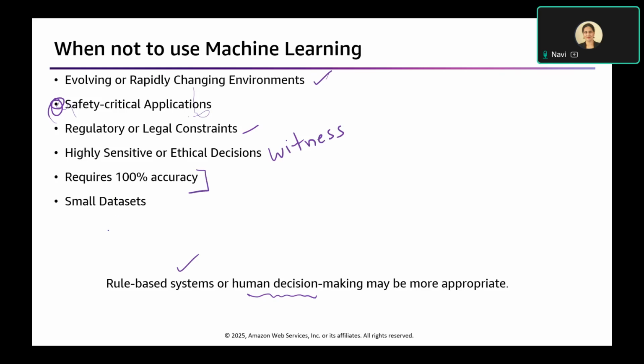For example, for that ice cream example, if we only have information from December and January, when the weather and season change, we wouldn't know what our customers are going to do in June. So we actually need a lot of data for the machine to make these predictions accurately.